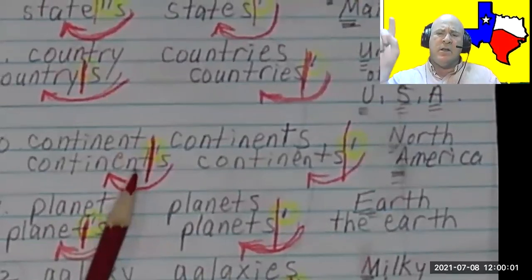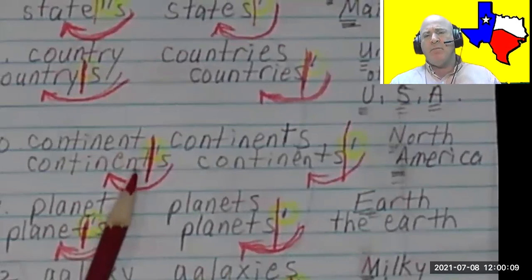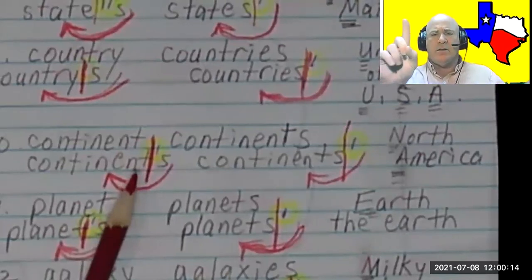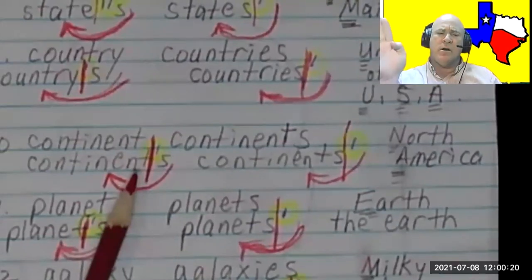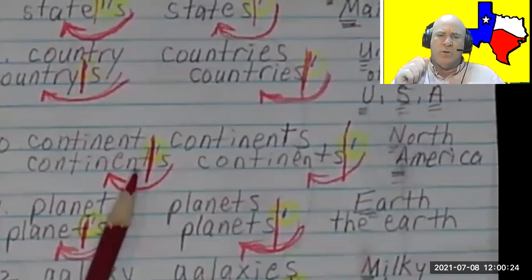The continent's pollution seems to be getting worse by the year. Continent's pollution, that means we're only talking about the pollution that belongs to one continent. Okay, so let's see how that works with the hula hoop and the imaginary ball.